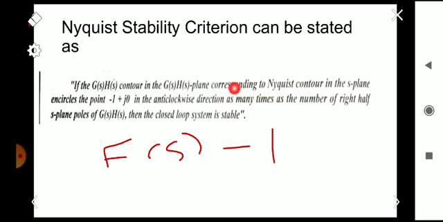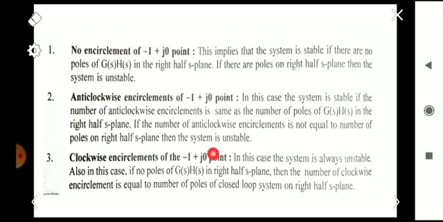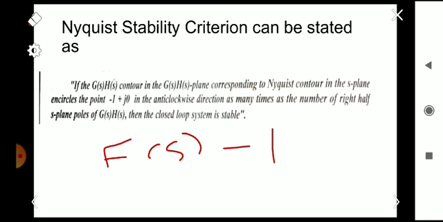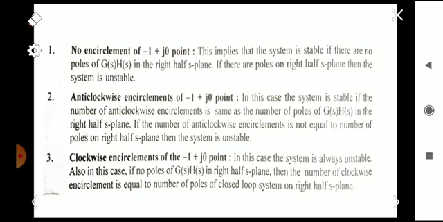So this is the stability constraint, and we can make three assumptions based on that statement. The first one is no encirclement of the minus 1 plus j0 point. This implies that the system is stable if there are no poles of G(s)H(s) in the right half of the s plane.